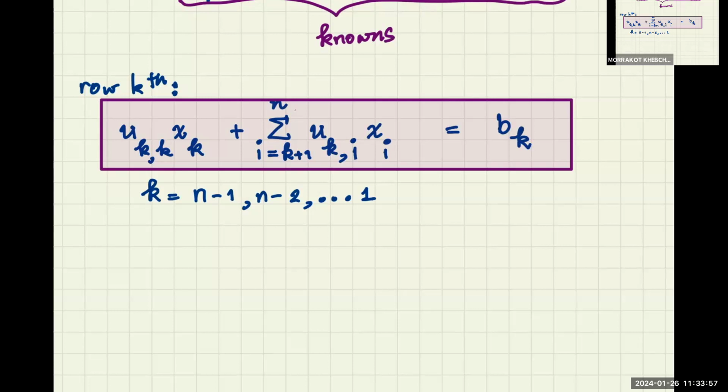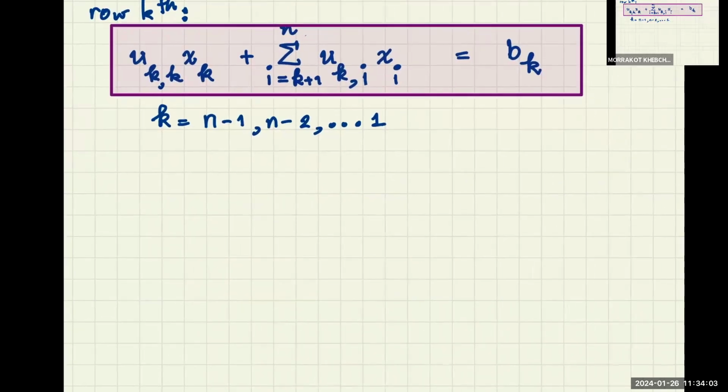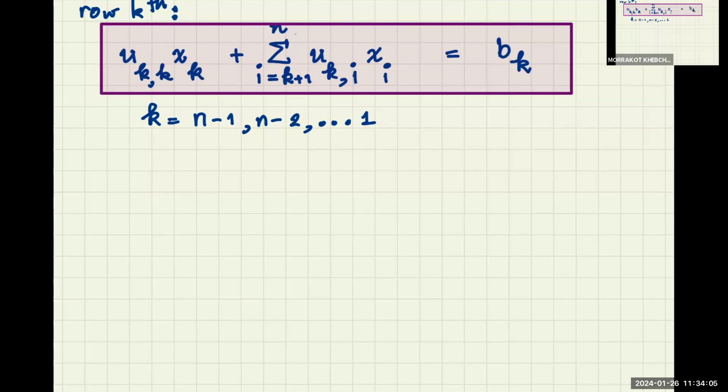So you will use a for loop. Okay, if I write down the pseudocode, I will say that.